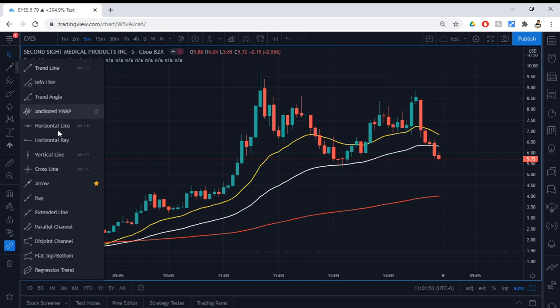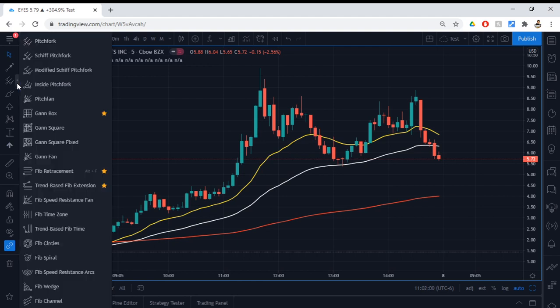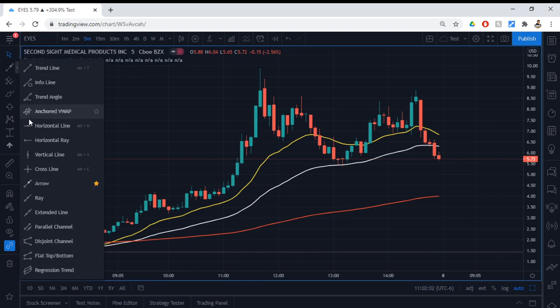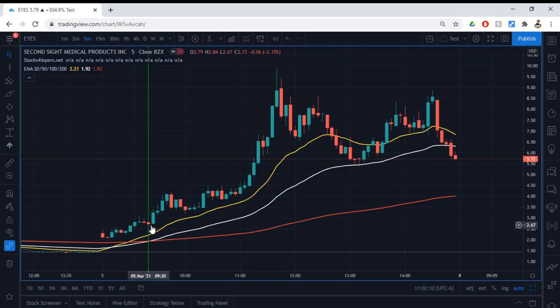They're stacked from here on the 5-minute chart, right? From this point is when all the moving averages are stacked.